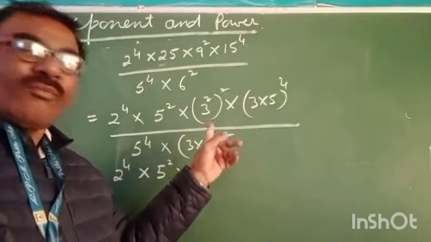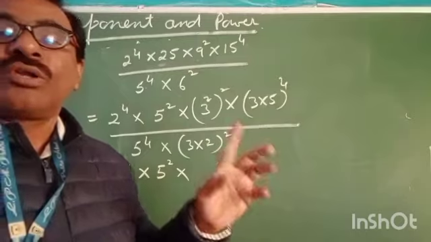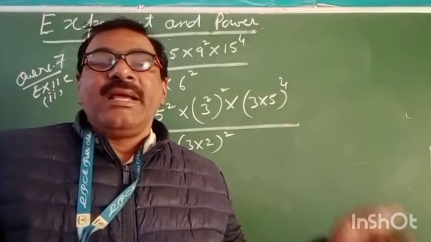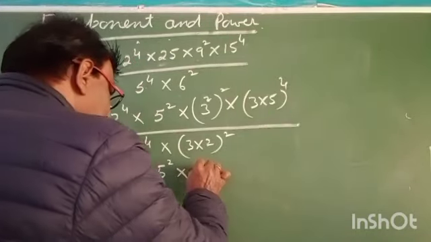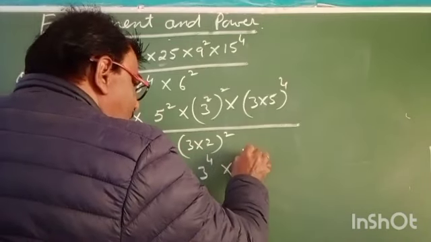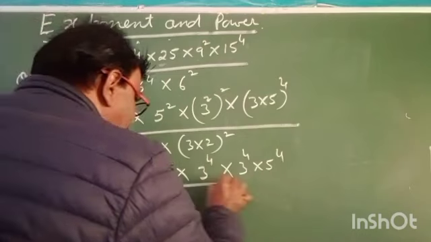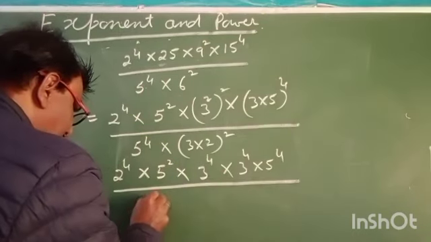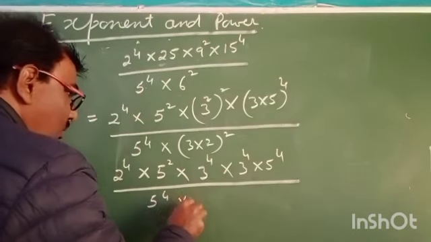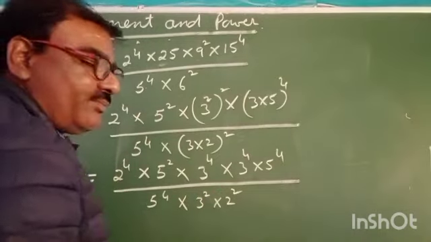I will write 3 to the power 4, because a to the power m whole to the power n equals a to the power mn. So I will write 3 to the power 4 multiply 3 to the power 4 multiply 5 to the power 4, upon 5 to the power 4 multiply 3 square multiply 2 square.